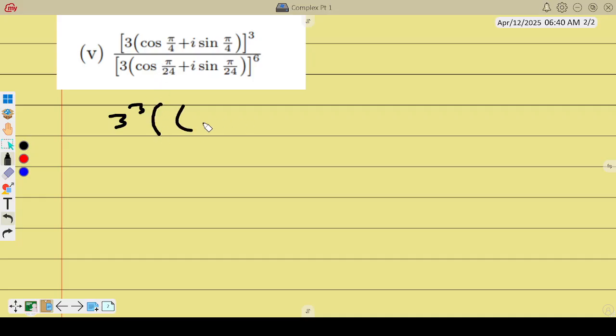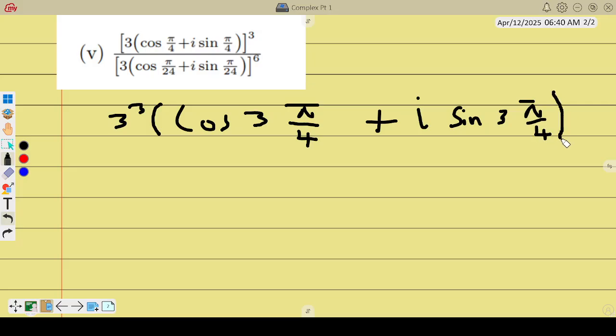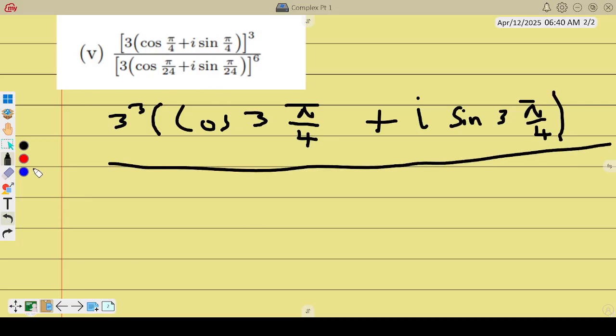And then we're going to have cos. The same power will come down. We have 3, the power has come down, and pi over 4, plus i sine, the 3 has come down, pi over 4. And then the same will happen on the denominator.